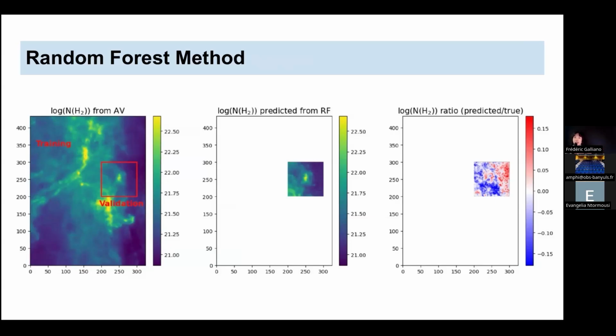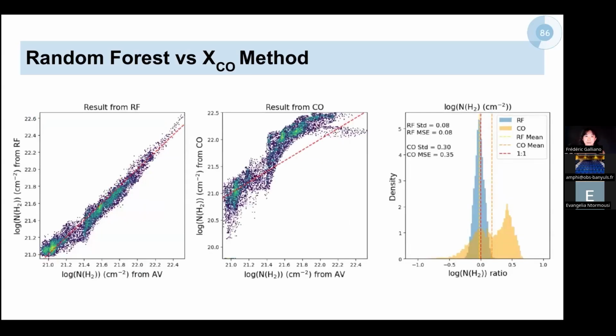We use the random forest to predict, and the result is shown in the middle figure. You can see that, just by eye, it is quite consistent with the reference. And if we plot the ratio in log space, you can see the ratio is quite close to 0, which means we are getting good results.